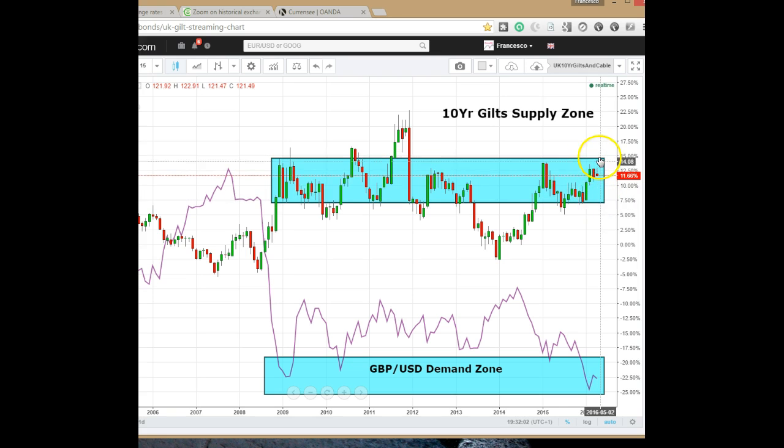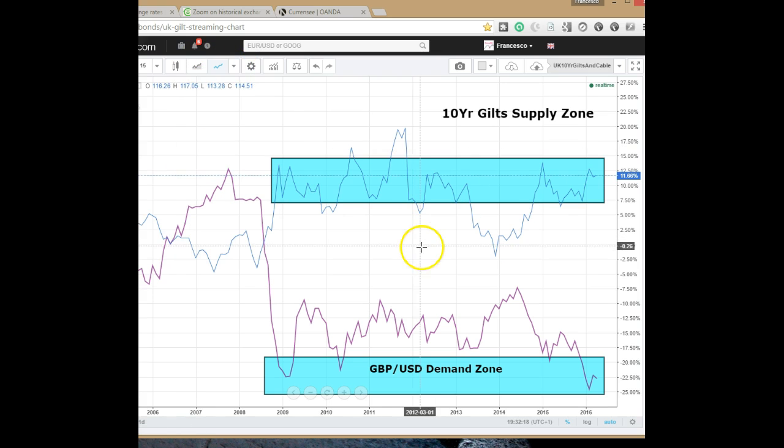So we may get to the bottom of this box, not necessarily as low as the 2014 January low. But the fact that they are inversely correlated, you can see that if I change this to a line chart, there we go. You can see even better the inverse correlation between these two assets here, especially in 2013, 2014.